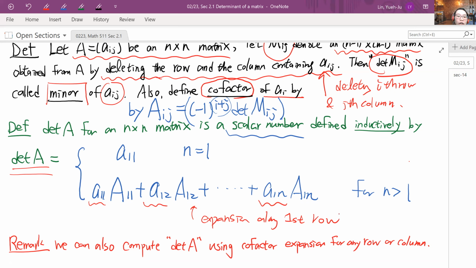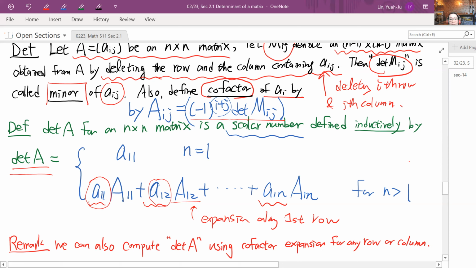What's the pattern here? If you want to do the expansion along the first row, you do small a11 multiplied by maybe plus or minus times determinant M11, and you add a12 times -1 to some power, maybe plus or maybe minus, and then you take the determinant of M12.